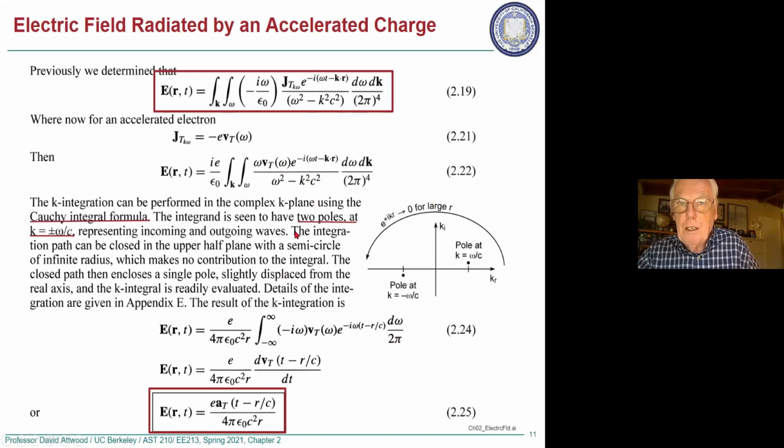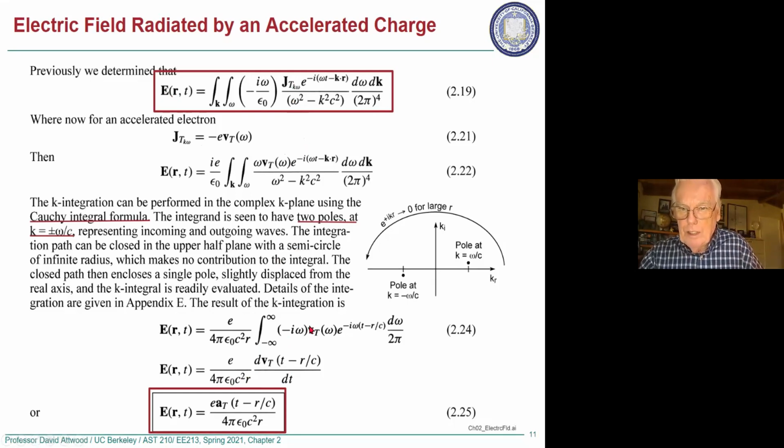Basically, our Green's function method has left us with a relationship for the electric field in terms of a current density, and that has now come down to this solution. It has a 1 over r dependence. Well, that's good, the electric field should have a 1 over r dependence.